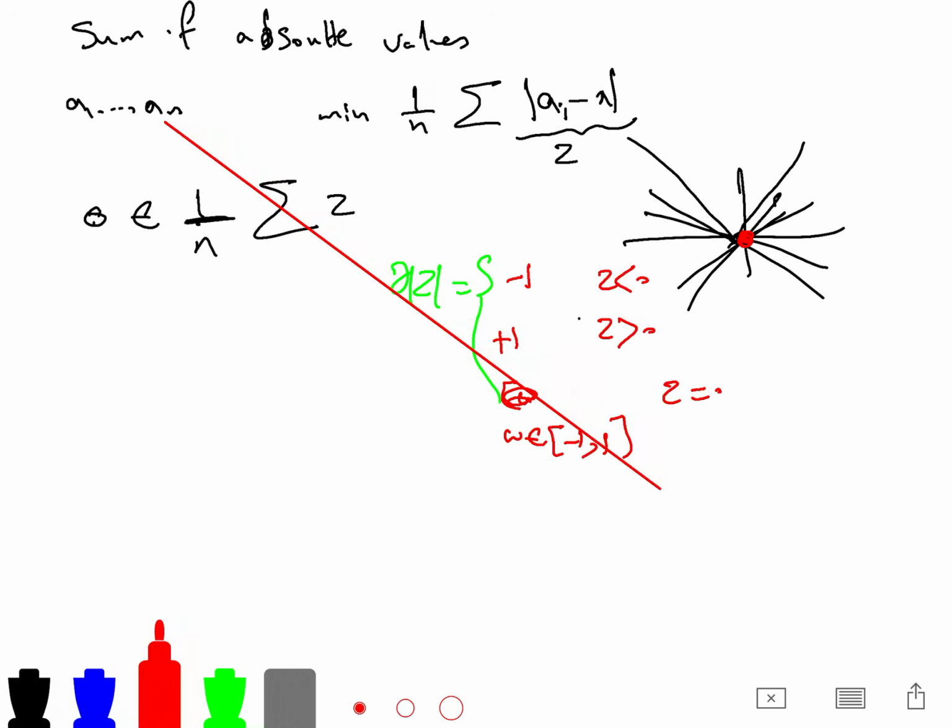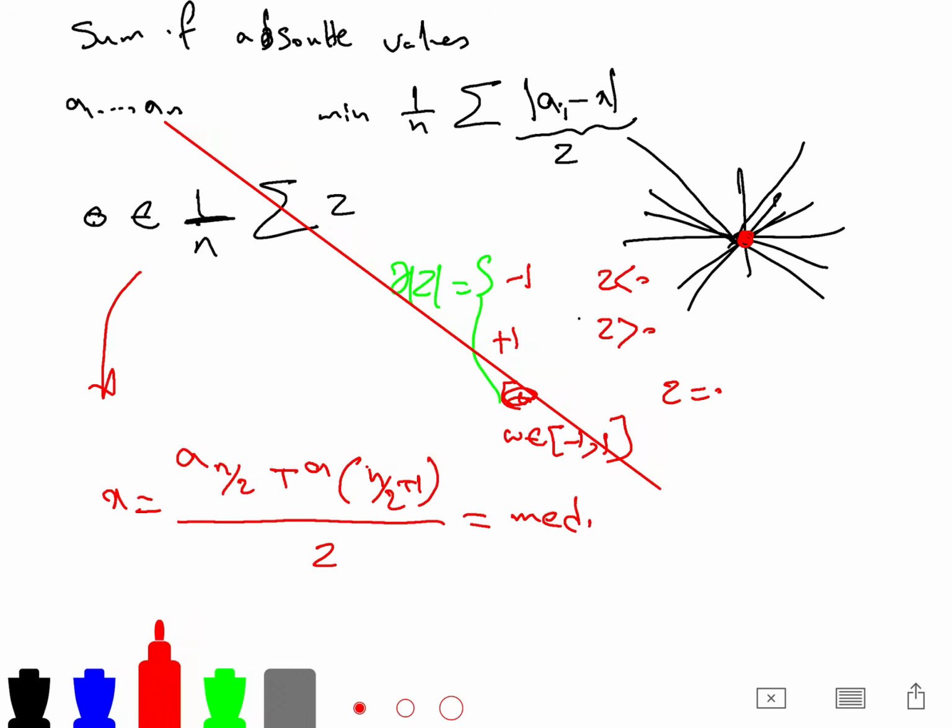If you work this out, you will notice that x lies between the n over 2 and n over 2 plus 1 order statistics. Of course, first you sort the values, and so this is the median. So for this objective function, your solution is the median.